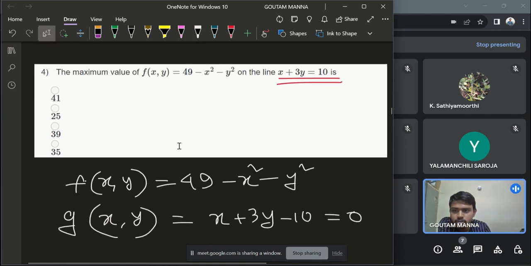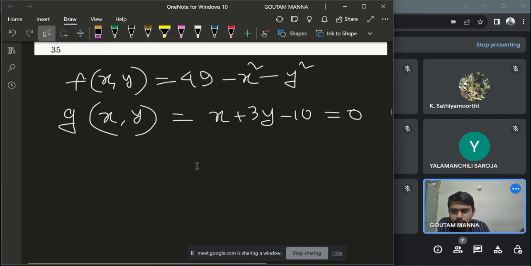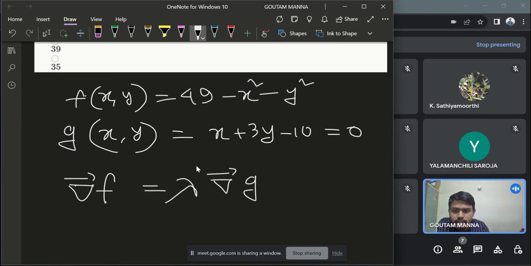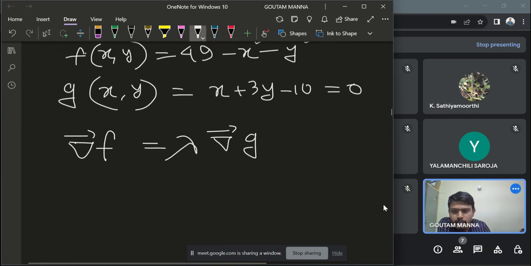So now for this constrained maximization, at the point of maximum or minimum, it will satisfy this condition: gradient of f equals lambda times gradient of g, and this lambda is the Lagrange undetermined constant.